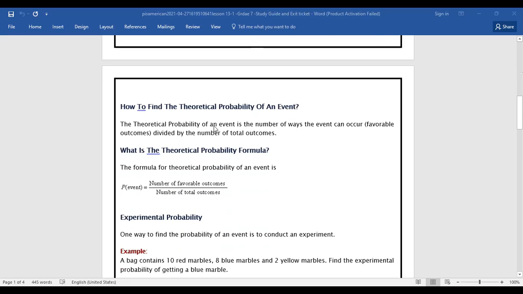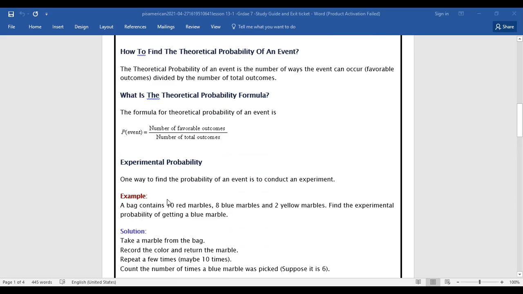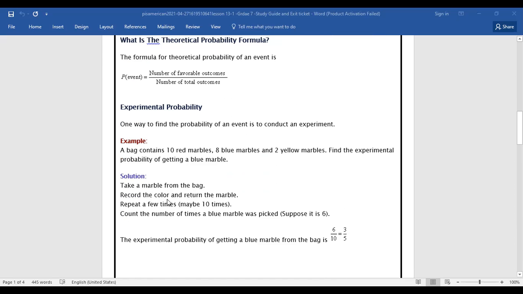The theoretical probability of an event is the number of ways the event can occur, the favorable outcomes, divided by the number of total outcomes. What is the theoretical probability formula? The probability of an event equals the number of favorable outcomes over the total number of outcomes. Let's take an example.